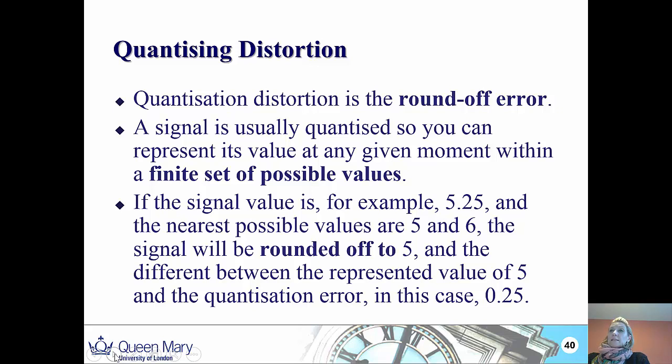So if the signal value is, for example, 5.25 and the nearest possible values are 5 and 6, the signal can be rounded off to 5. And the difference between the represented value of 5, so this is our represented level of our continuous signal value, and the quantization error in this case is 0.25. Okay, so we have some loss in the accuracy of the digitized information in relation to the original set of data which was collected.